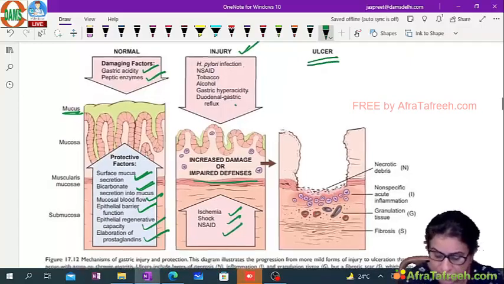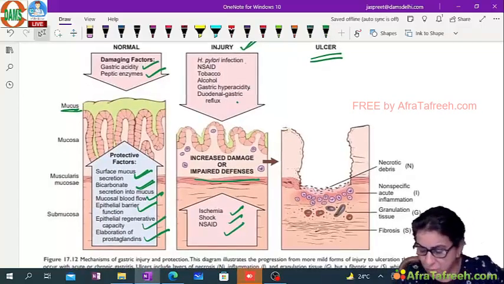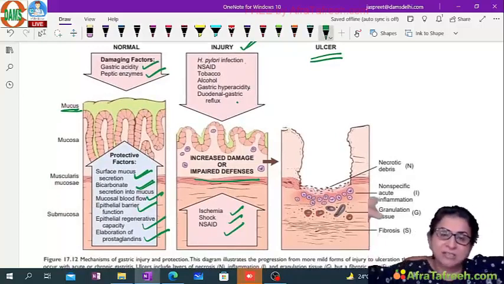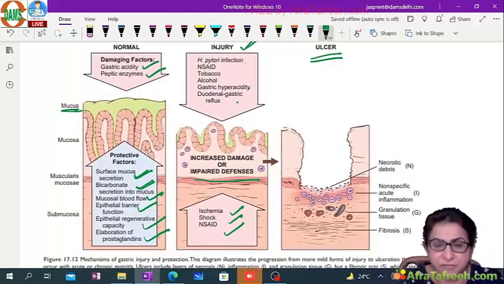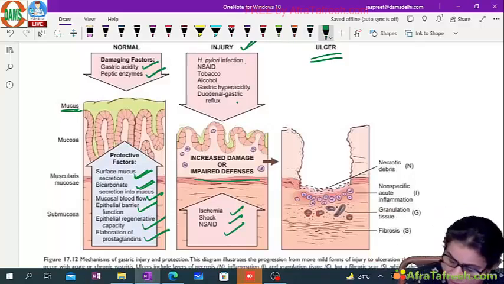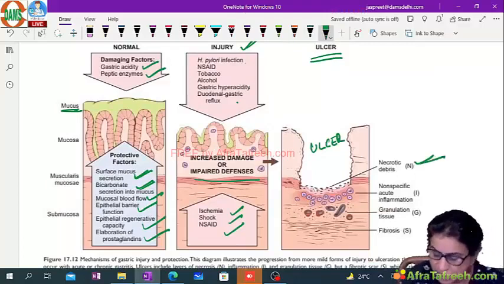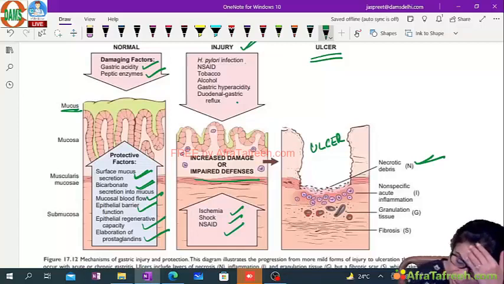So you can look at this ulcer now. Ulcer in the stomach. What are you seeing in this ulcer? So what is an ulcer? An ulcer is a defect in the mucosa. You can see this is an ulcer here, and at the base of the ulcer, what are you seeing? Necrotic debris. Beneath the necrotic debris, you have non-specific acute inflammation.